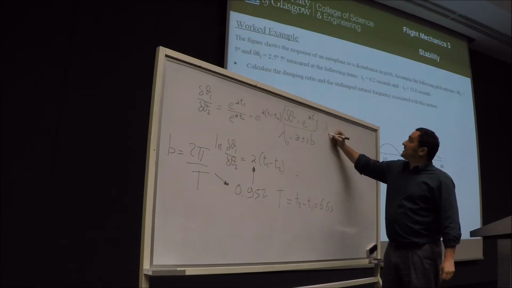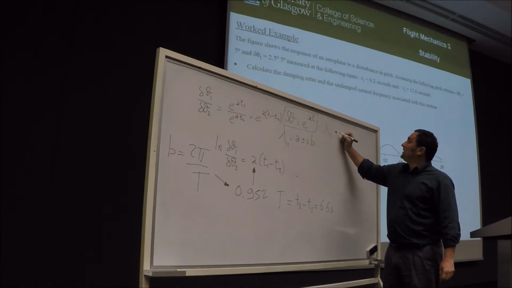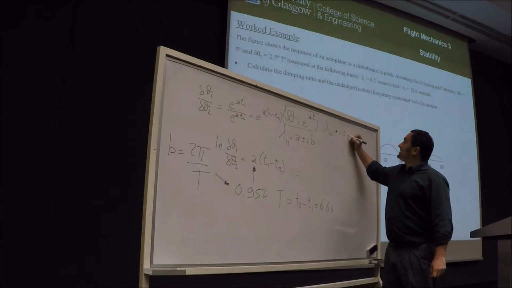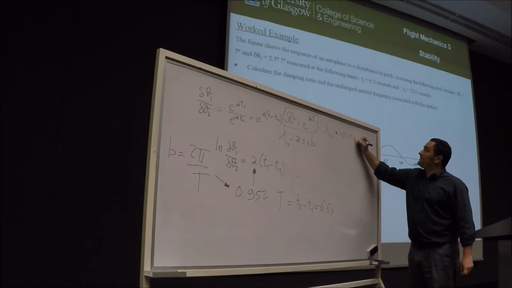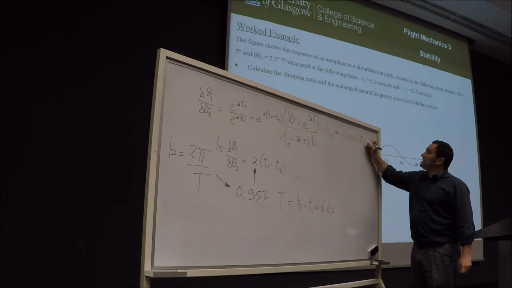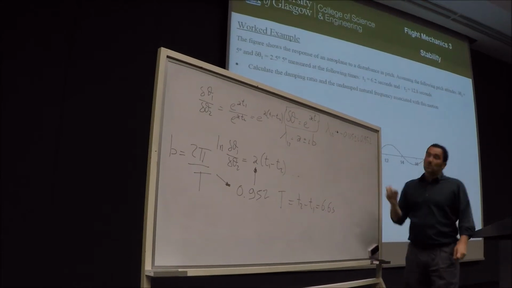So our lambda 1, lambda 2 are given by minus 0.105 plus or minus i 0.952.